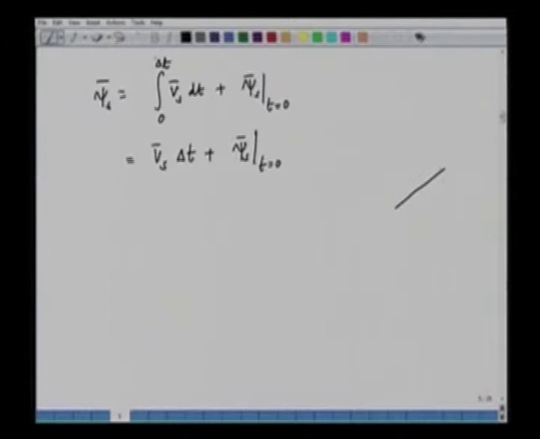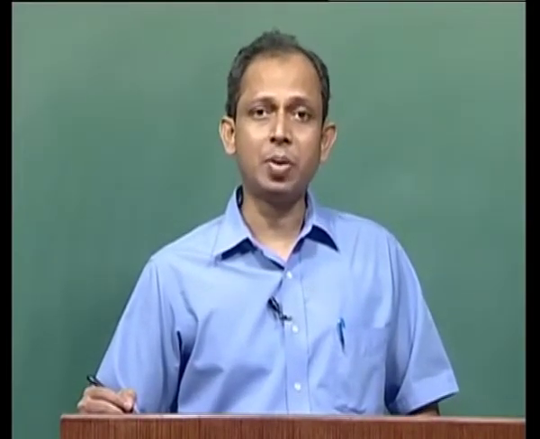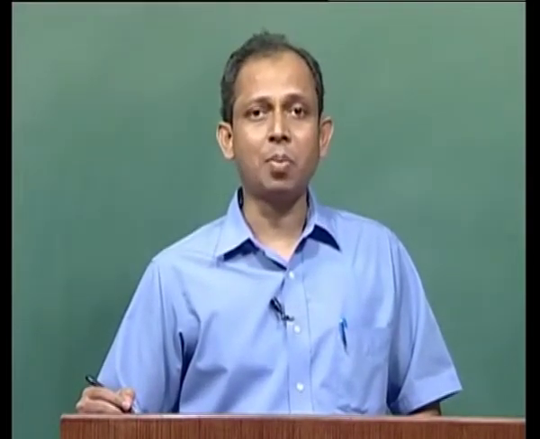So, suppose this is the initial flux psi s at t equal to 0, and we have applied some voltage vector, that is Vs into delta t. Remember, time is a scalar quantity, time is not a vector. So, Vs into delta t will have the direction of original Vs, and Vs is one of the 8 voltage vectors.